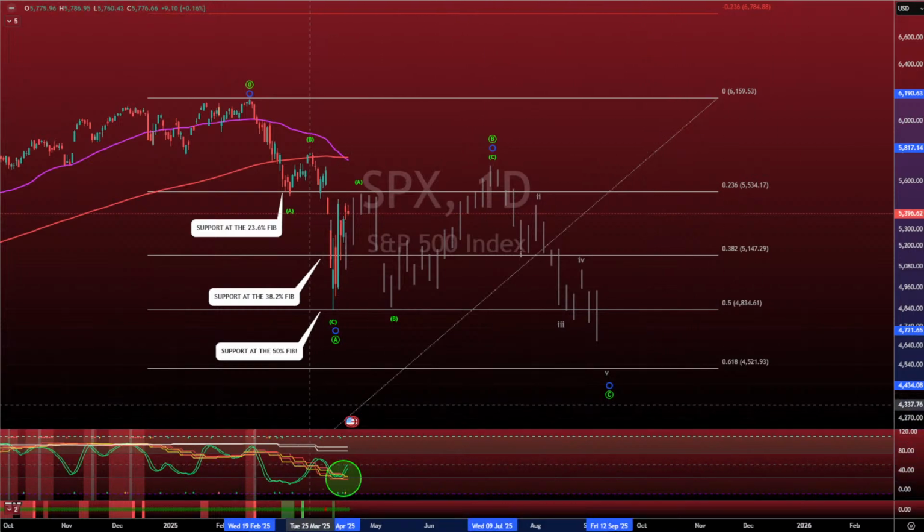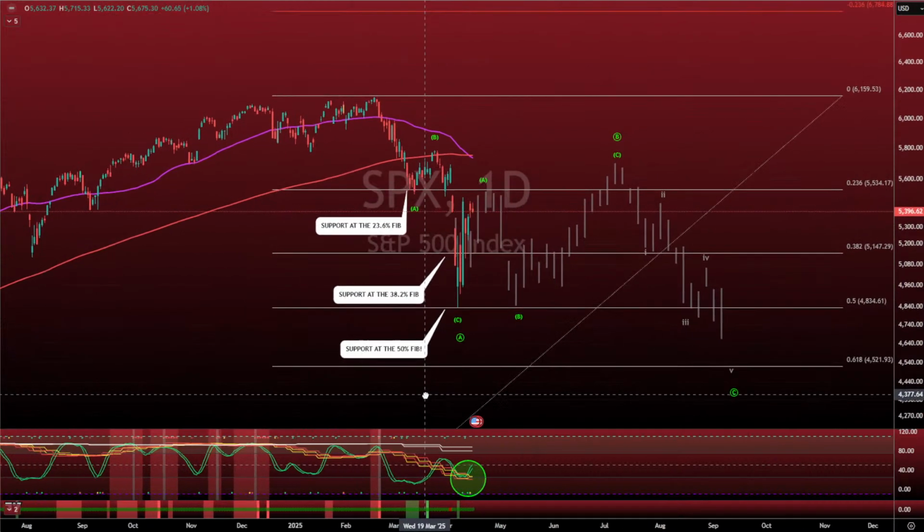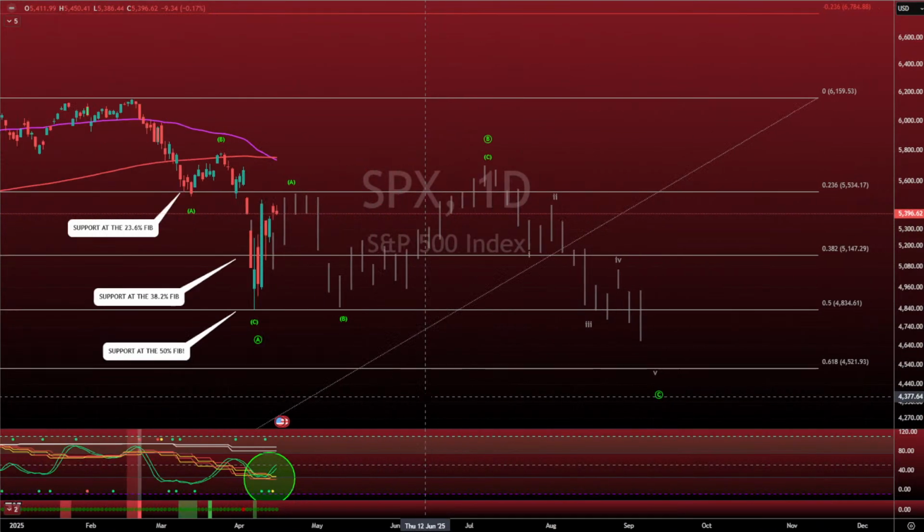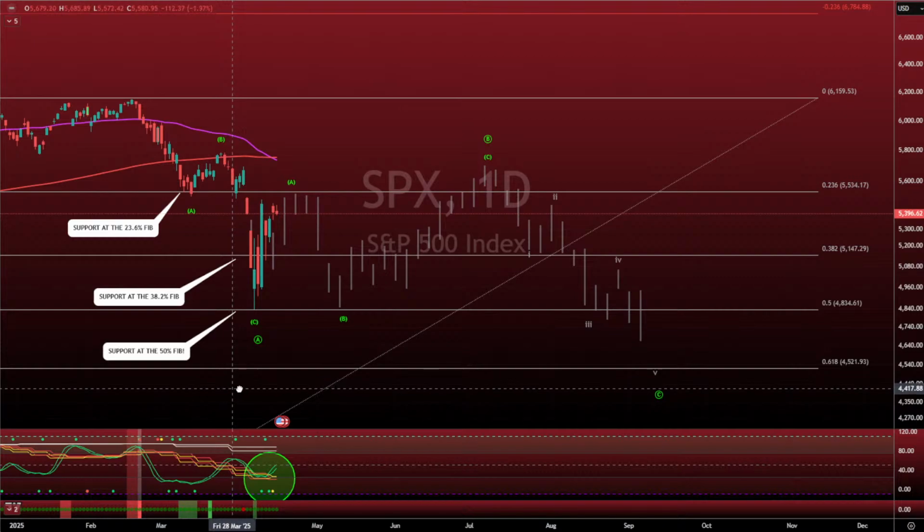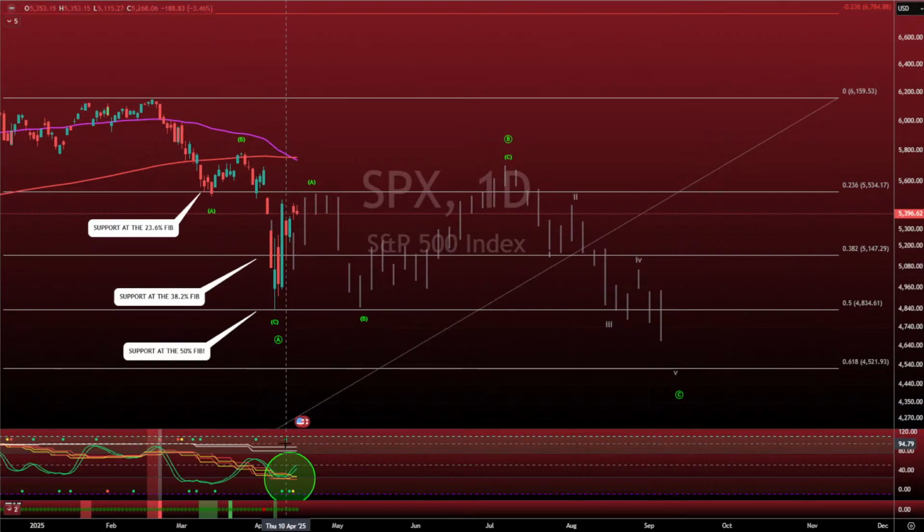But something that I do want to point out right now, and I think that some of this has already played out. Now, I did mention before, I'm only looking at Fibonacci retracements and Wavemaster. So this is the Wavemaster that I'm looking at here. But what I'm also going to be looking at is for divergence, right?